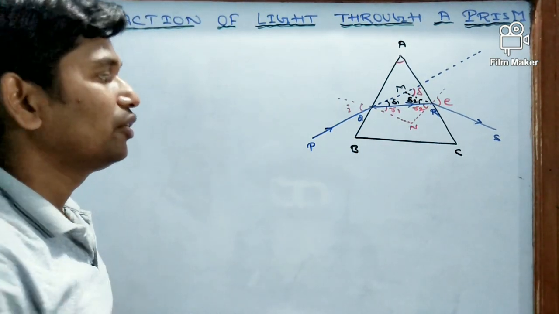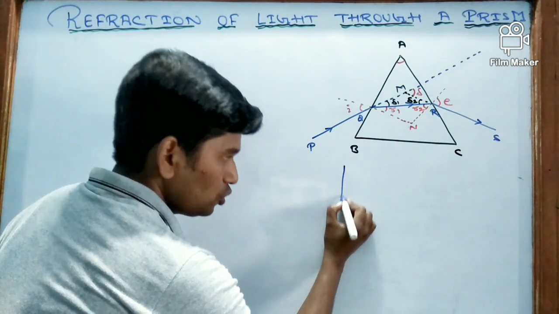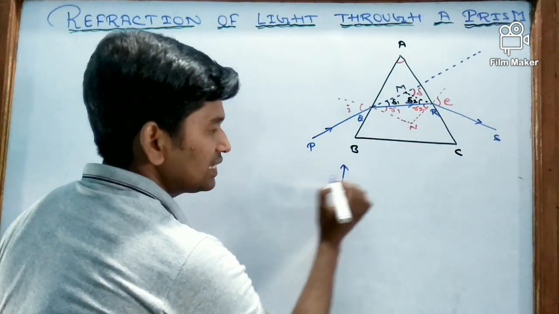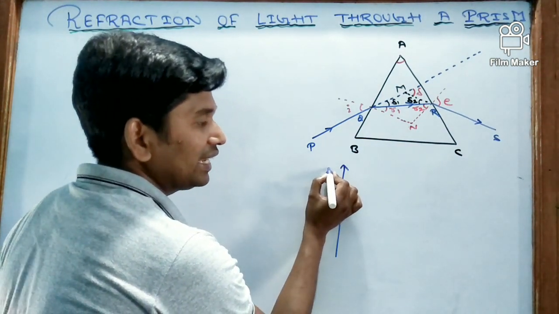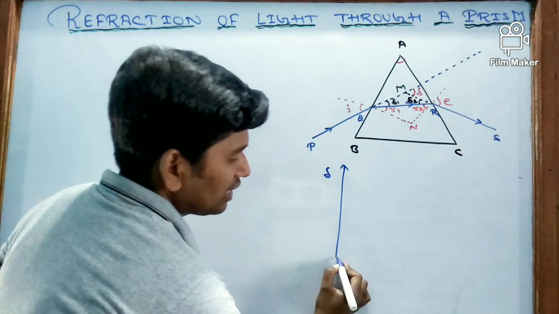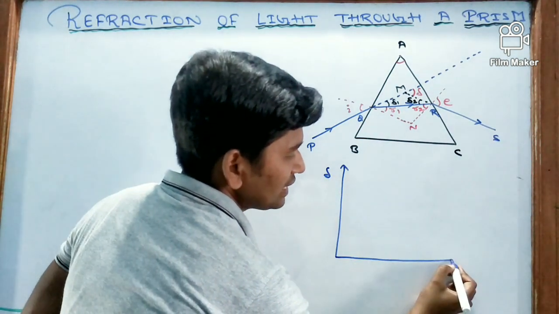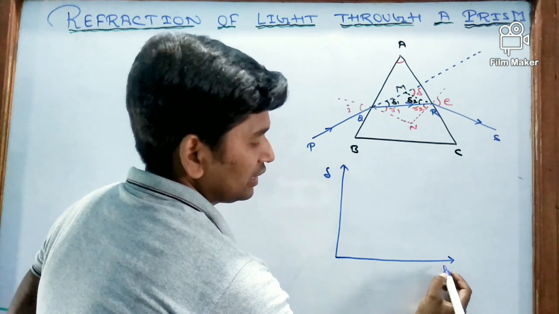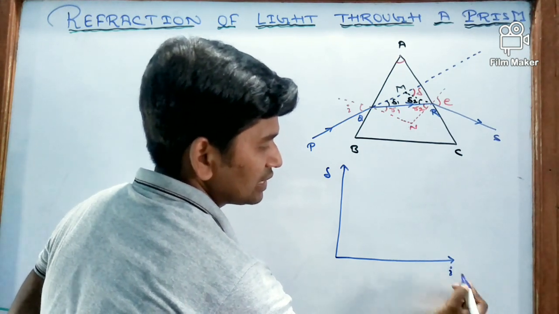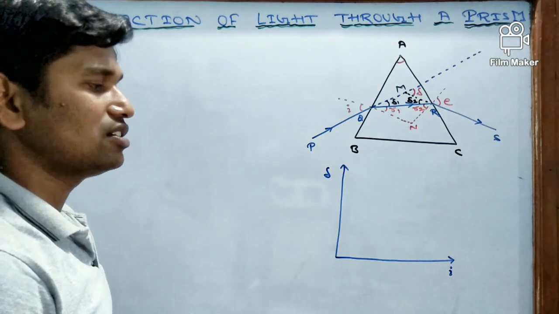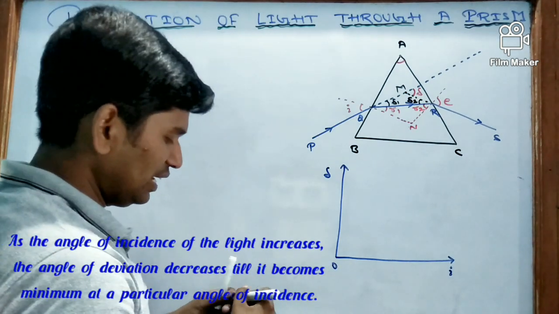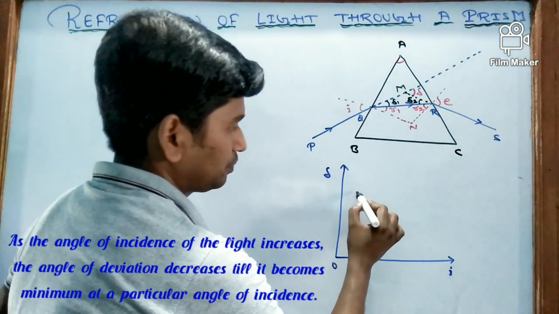For that we will take two axes. On this side I indicate deviation delta, and along the x-axis the angle of incidence.